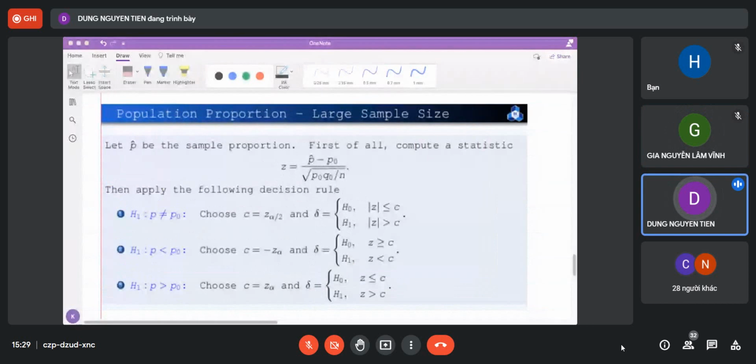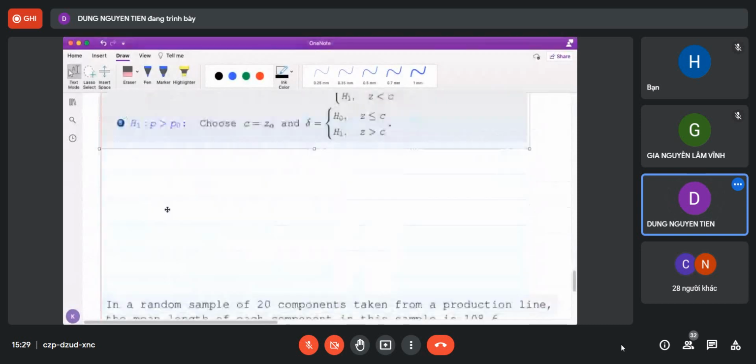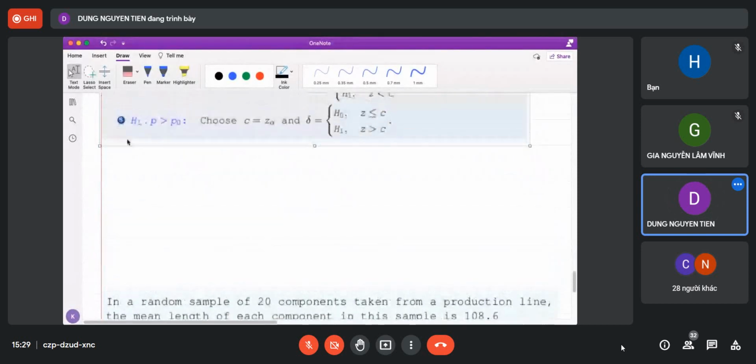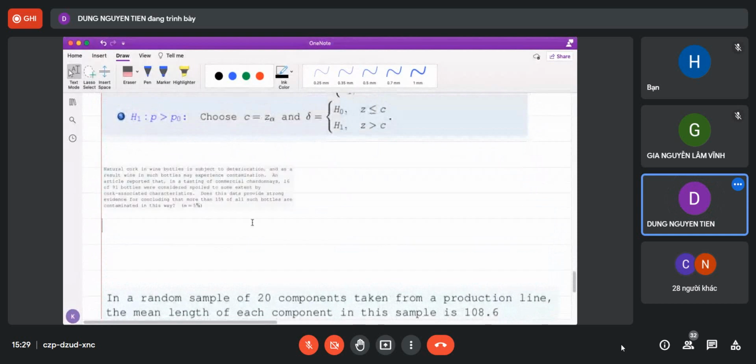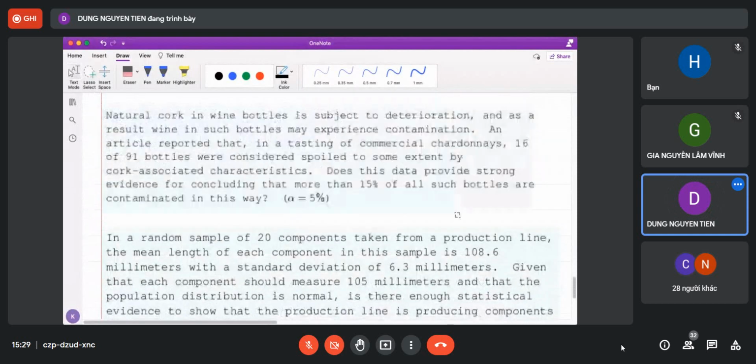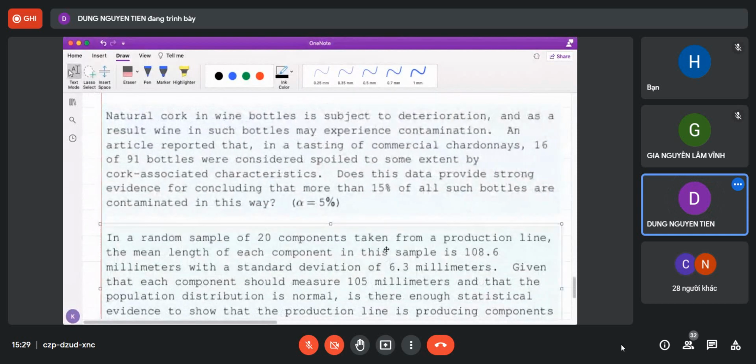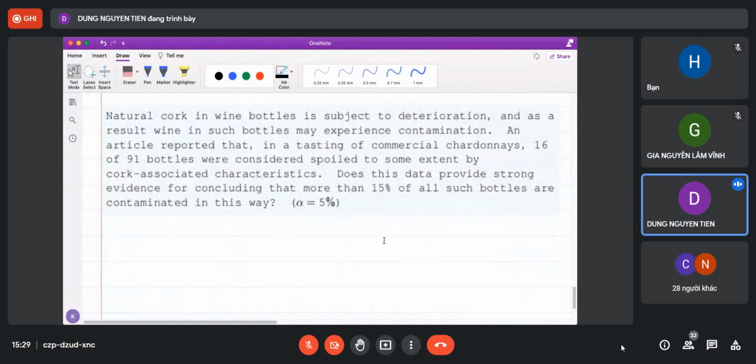All right, let's consider the following example. Natural cork in wine bottles is subject to deterioration, and as a result, wine in such bottles may experience contamination.